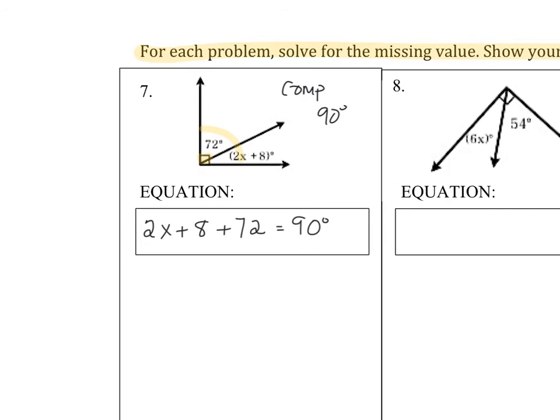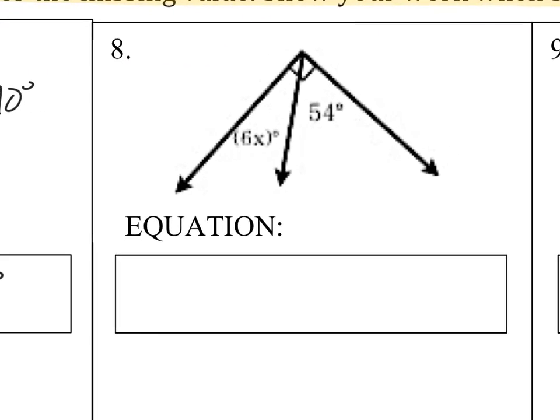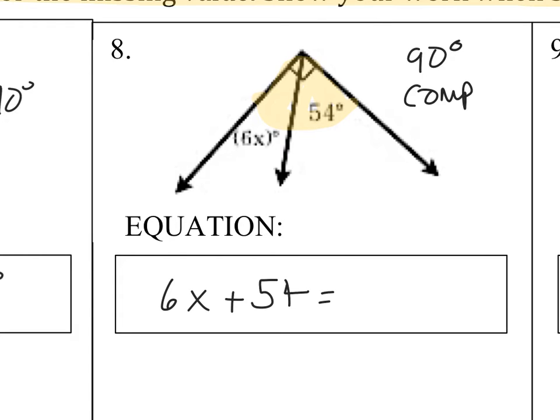Okay, I'm just going to do this equation here before we solve. How about this one? There's a 90-degree symbol right there. And so that means these two angles are going to add up to equal 90 degrees because they're complementary. So 6x plus 54 equals 90 degrees.